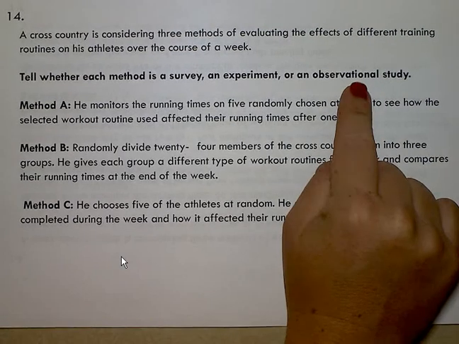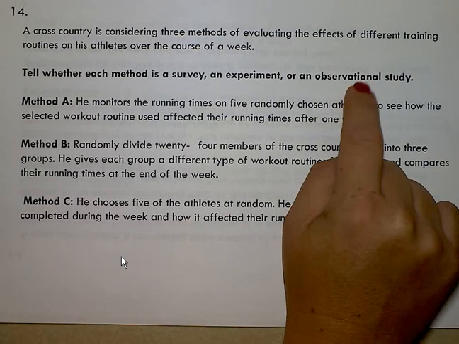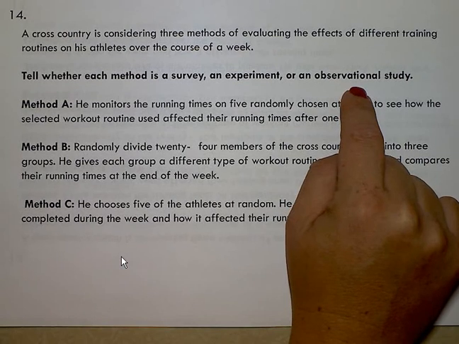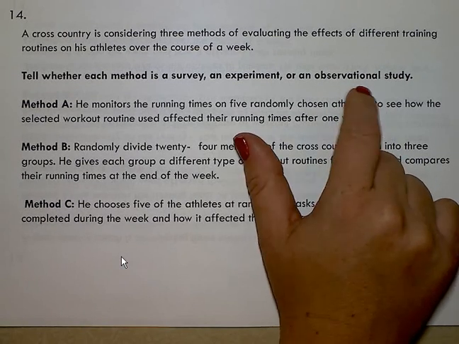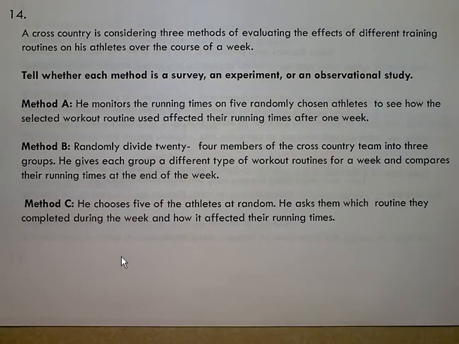Oftentimes with observational studies, the problem occurs if you're observing something and basing the person's emotions on it. For instance, if we're doing an observational study about homework, how many of you understand, be honest, that generally if you do your homework to the best of your ability, your test results will be better than if you didn't do it?